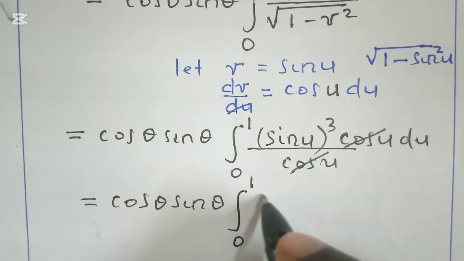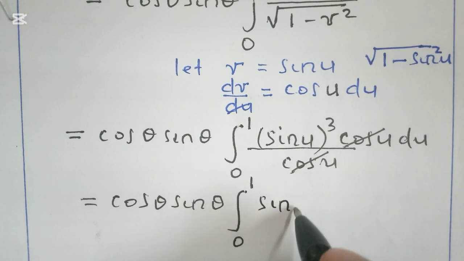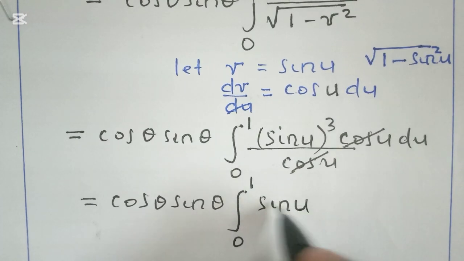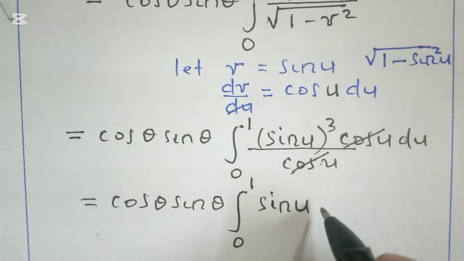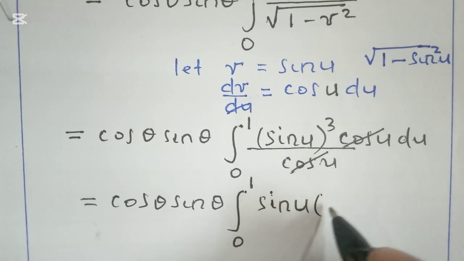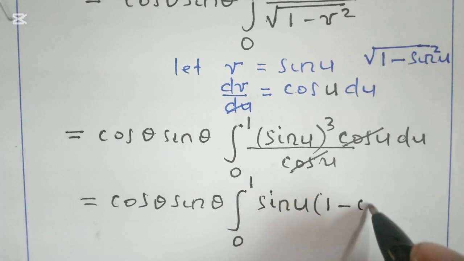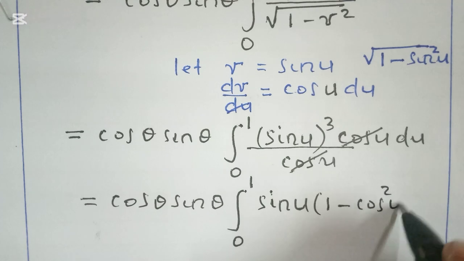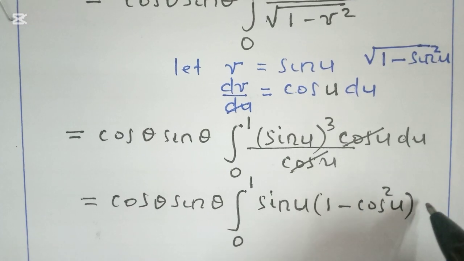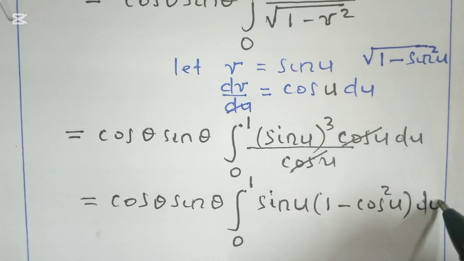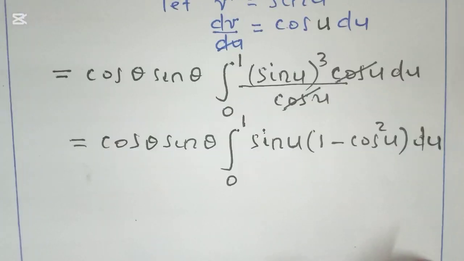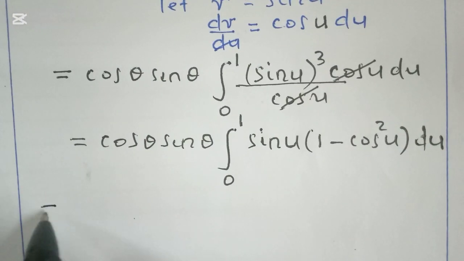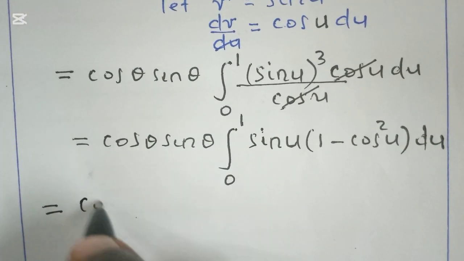That is sin theta, sin u, and then sin squared u, which is the same as 1 minus cos squared u, du. Again we evaluate that.